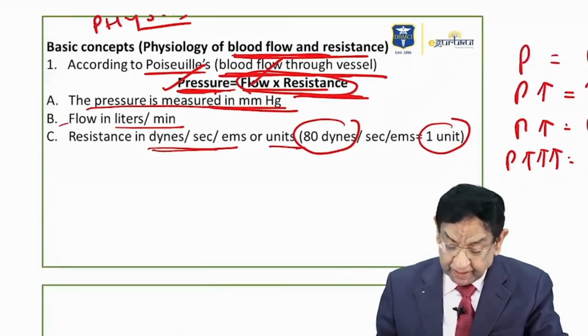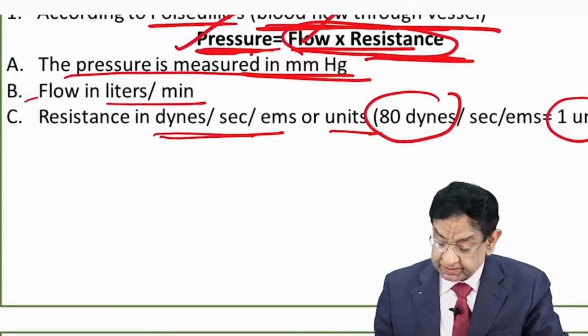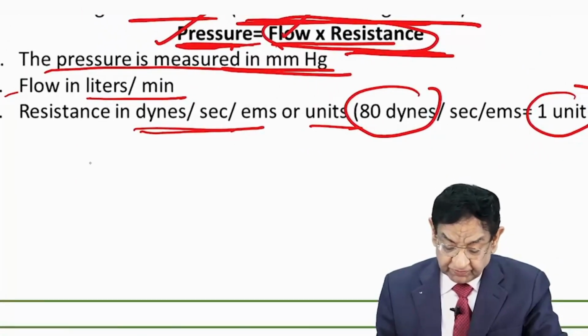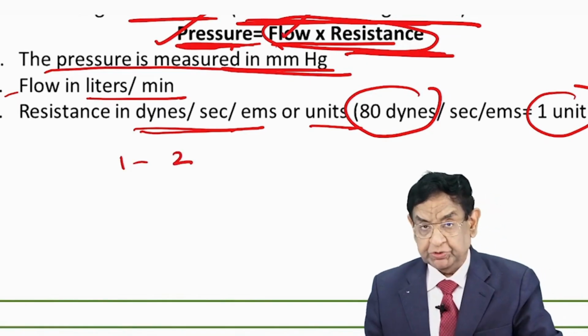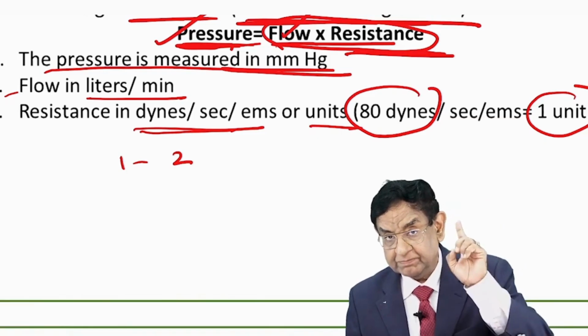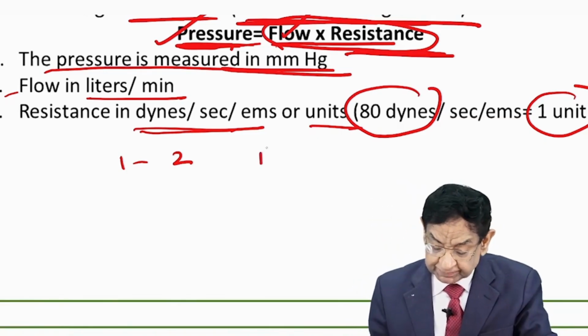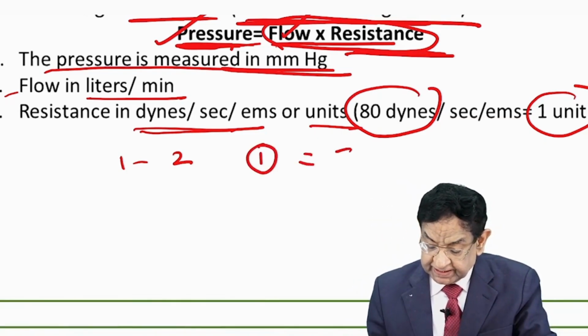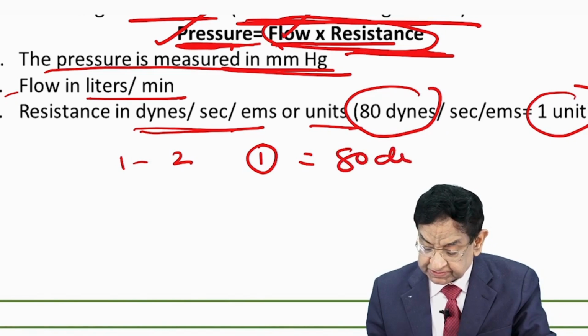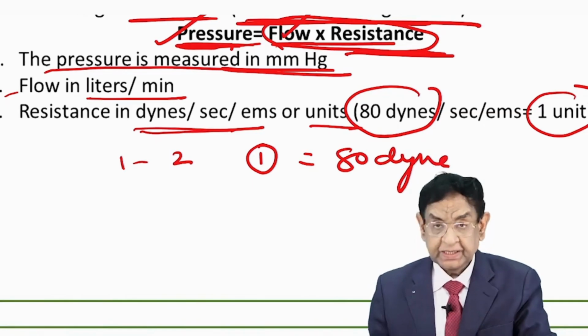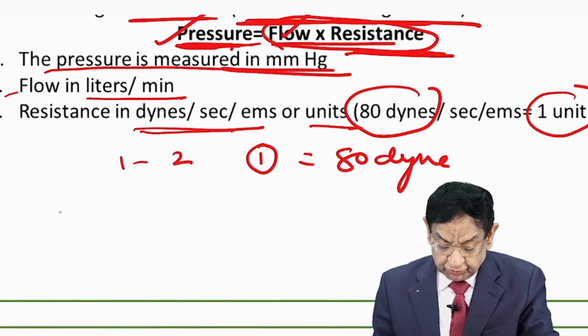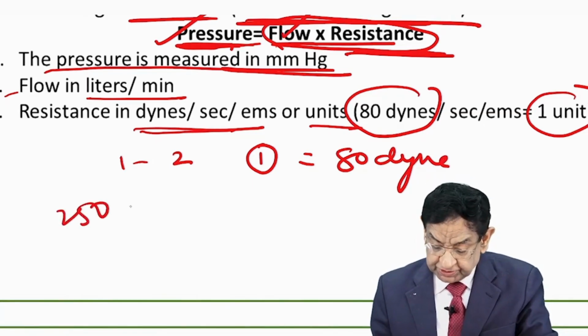Now you go back. What we learned is that in adults, the resistance in the pulmonary vasculature is 1 to 2 units. Let's take 1. That means in an adult it is 80 dynes. But in the fetus it is 250 units.